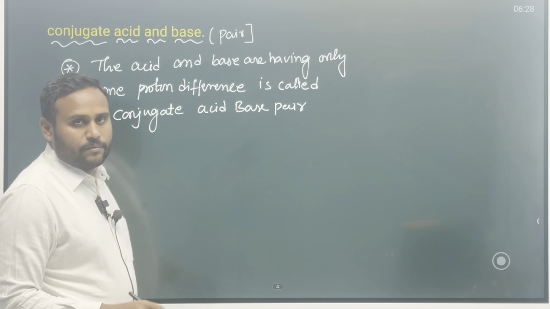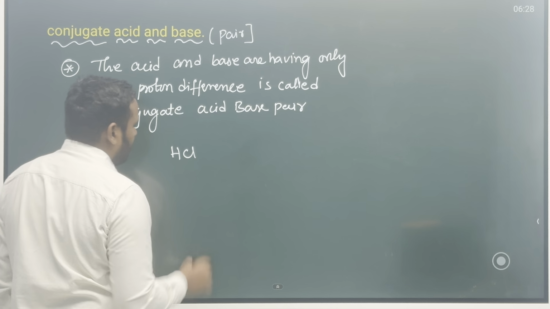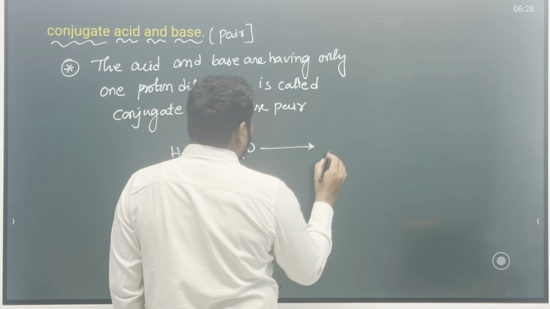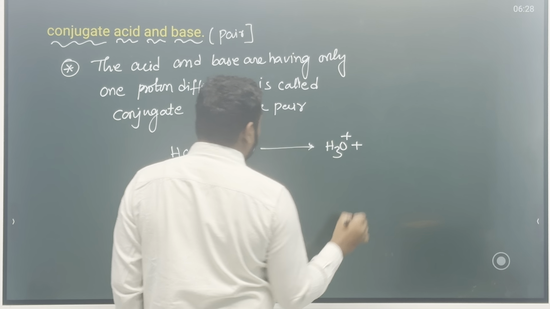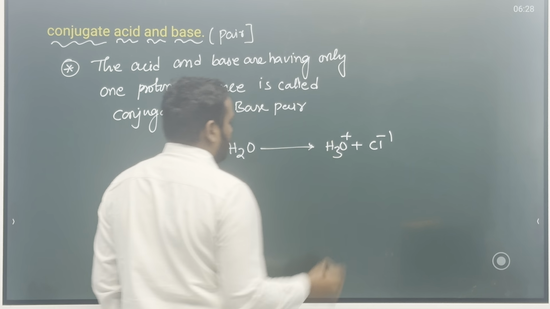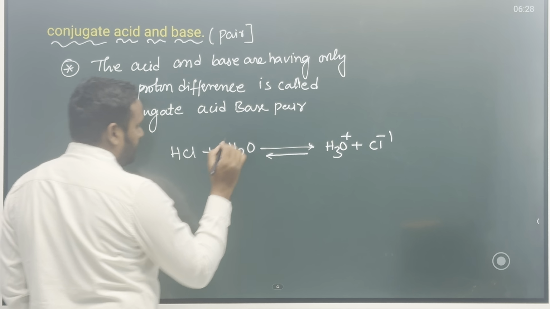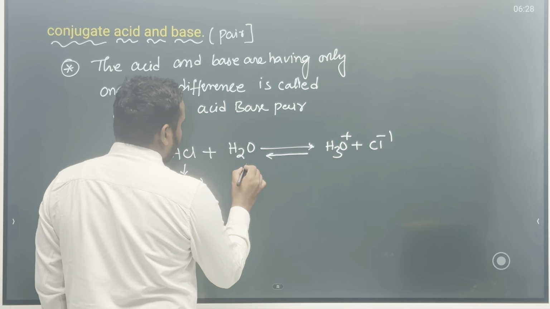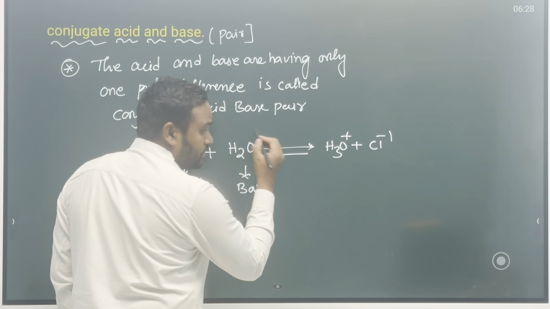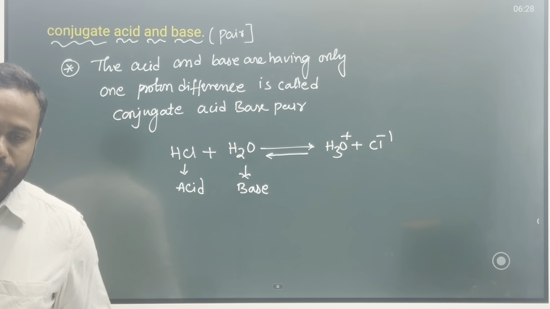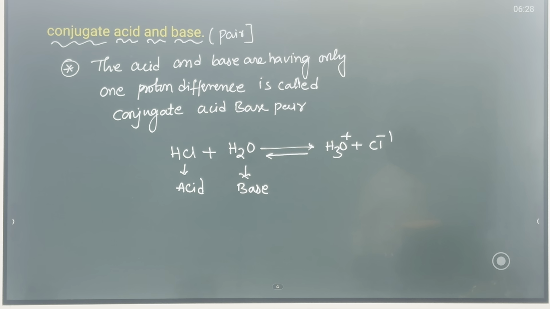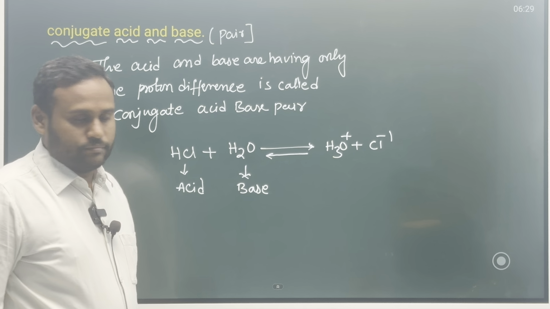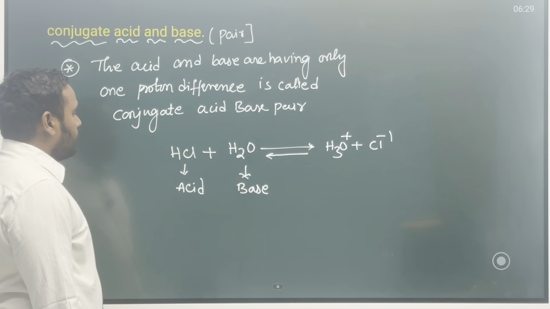See for example, let us consider HCl plus H2O, and we know it produces H3O plus Cl minus. Okay. So now you consider the backward reaction also. So now here we know HCl is acid, and H2O is base.